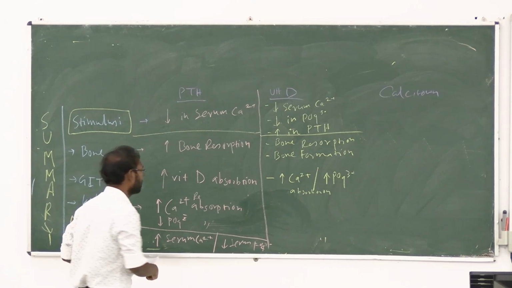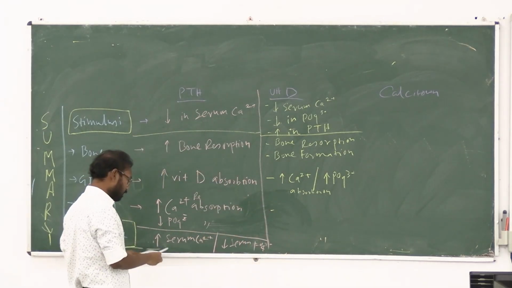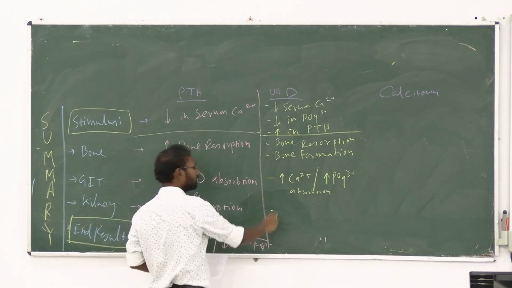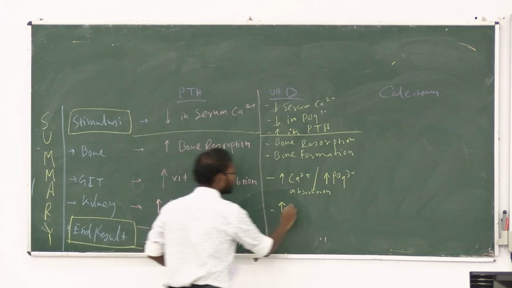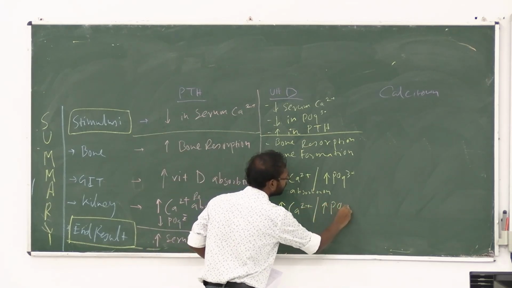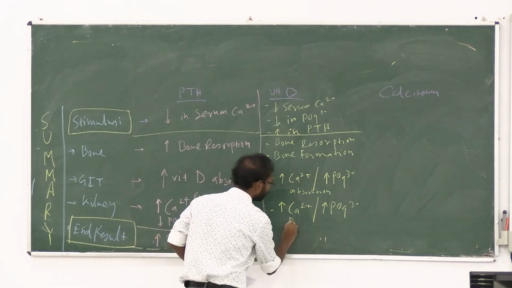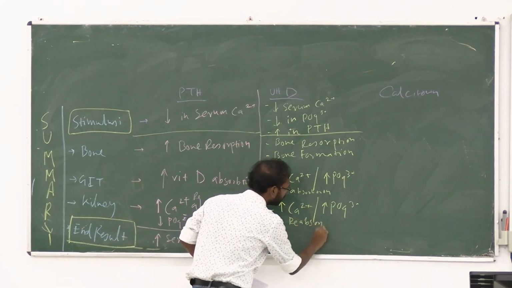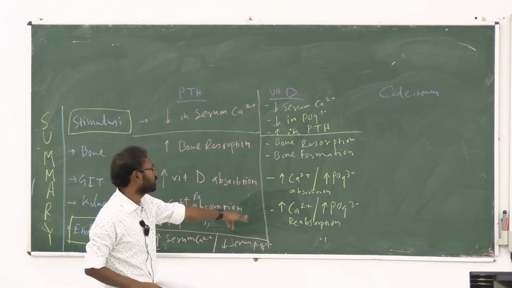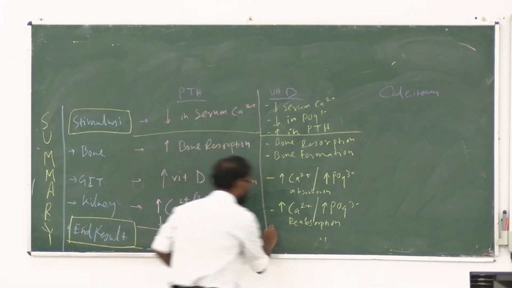GIT. Now kidney তে আমরা বললাম সেম কি করে, increase absorption, so it will increase calcium and phosphate reabsorption, kidney te reabsorption, okay. So by increasing both calcium and phosphate reabsorption in kidney, the end result is what?